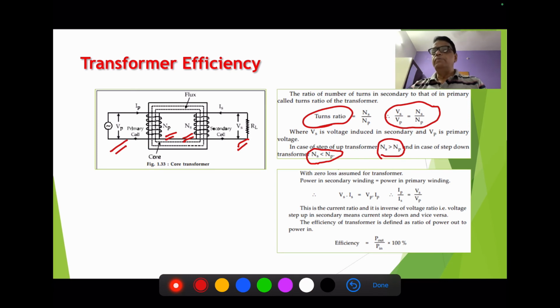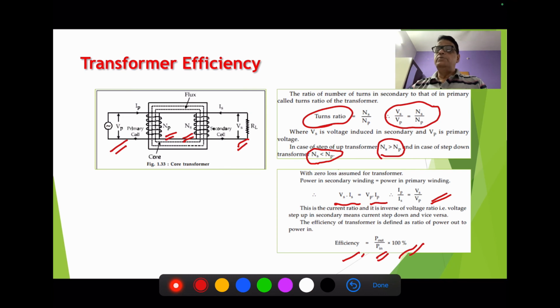If you assume there is zero loss in the transformer, then the power in the secondary winding will be equal to the power in the primary winding, and therefore Vs into Is is equal to Vp into Ip, or we can write Ip upon Is is equal to Vs upon Vp. Therefore we can calculate the efficiency as power output divided by power input, and if you multiply it by 100%, we get the percentage efficiency.